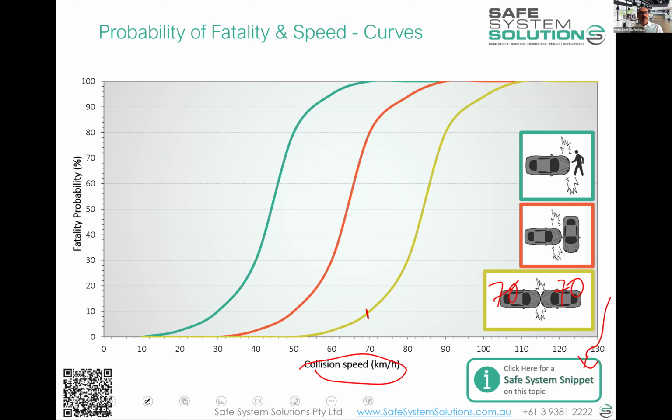But this becomes an important line for us. It's that point where things start to really go up exponentially under these crash curves. You may hear people debate these curves, and that's fine.